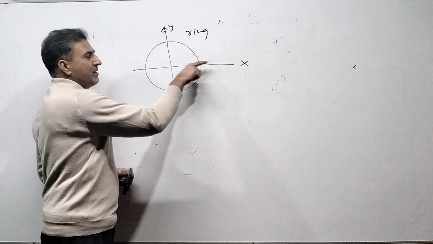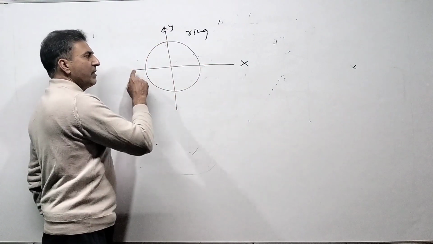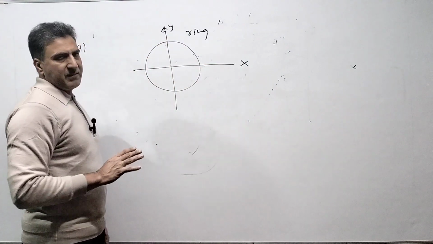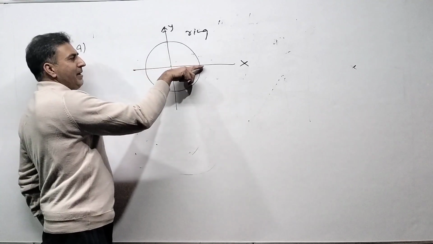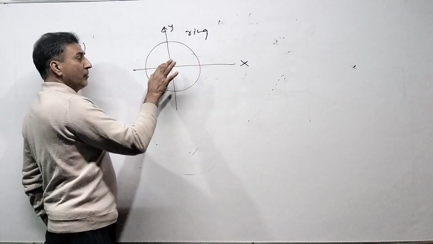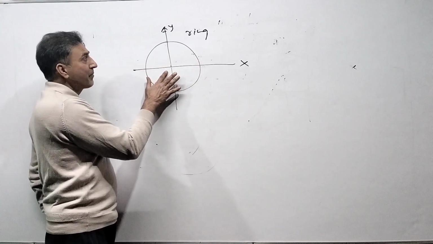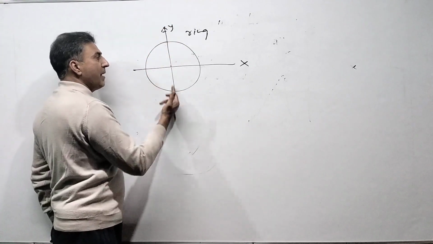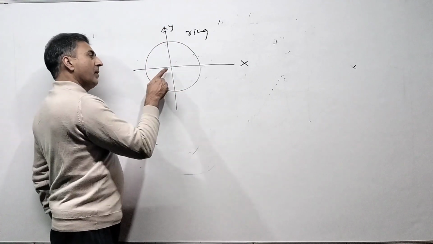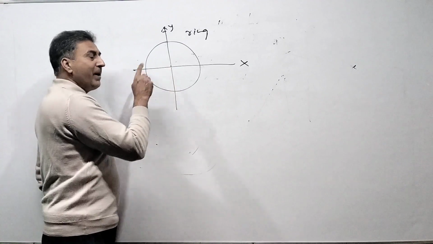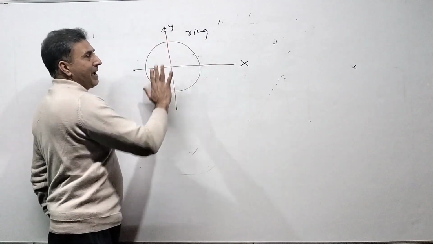But the x-axis and y-axis are diameter axes. They lie in the plane of the ring, pass through the diameter, and also pass through the center of mass. We don't know Ix and Iy of the ring.